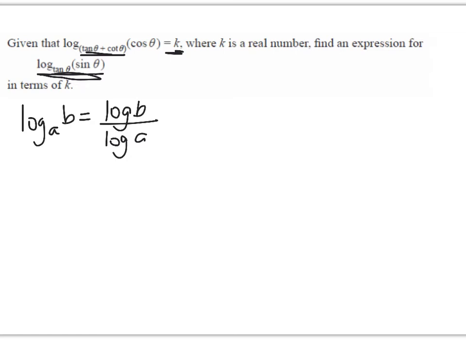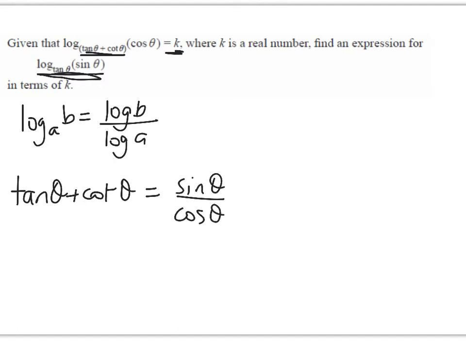So the first thing I'm going to do is just note the following, which is that tan theta plus cot theta, which is the base of the first log, can be written like this: sine theta over cos theta plus cos theta over sine theta.